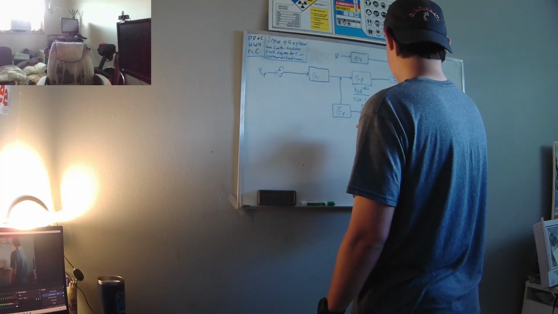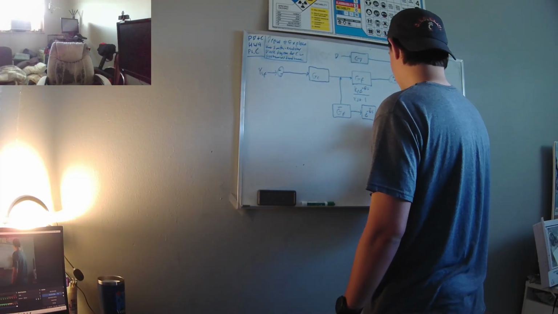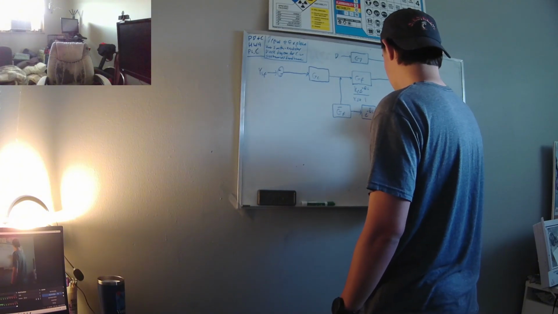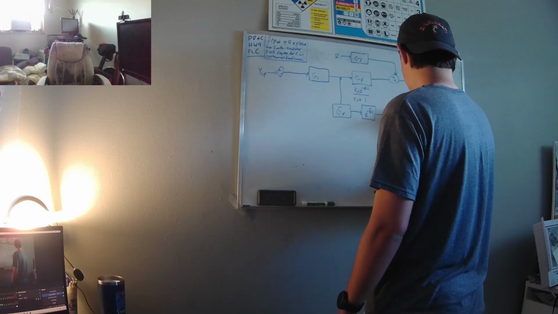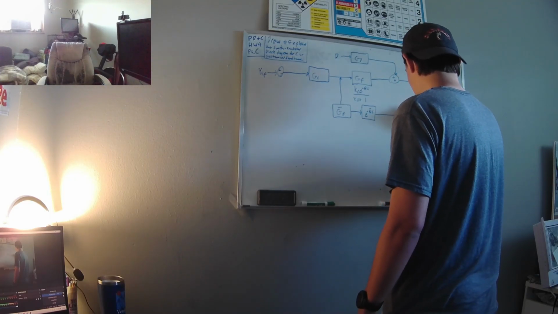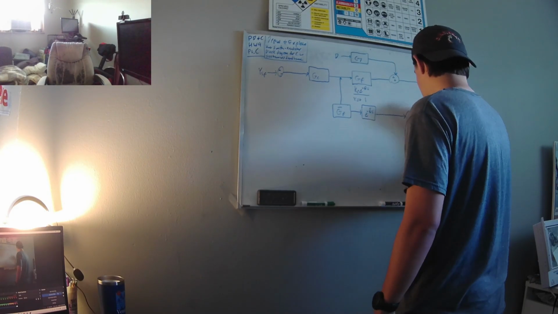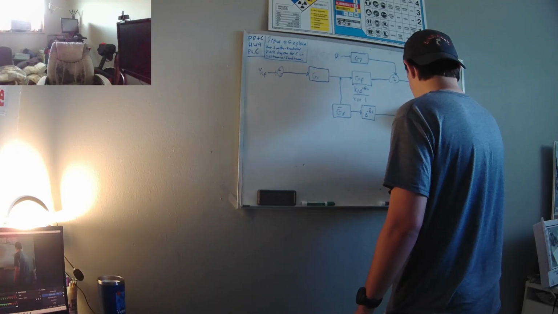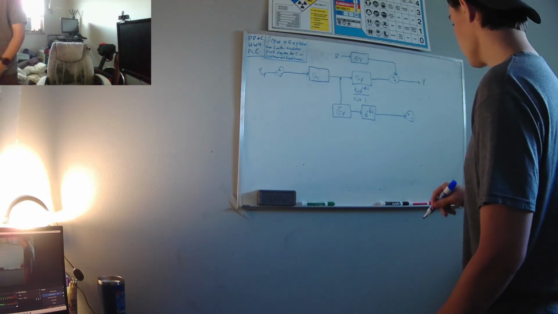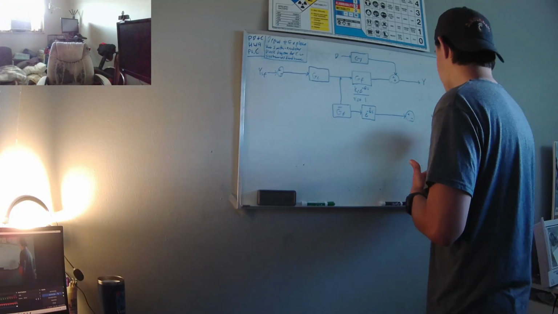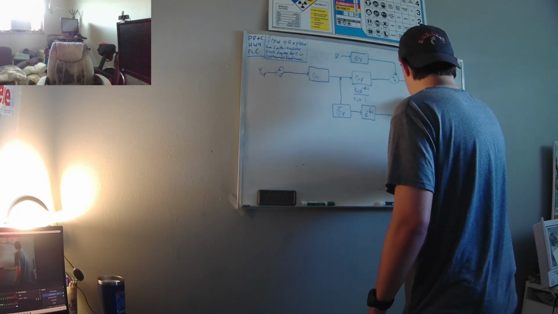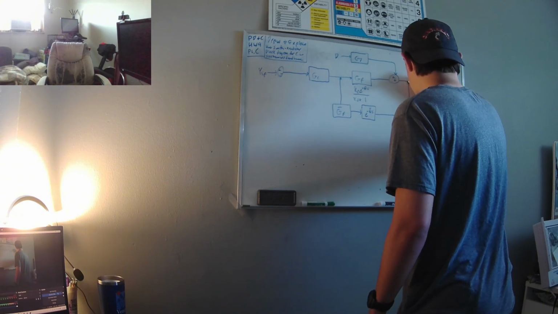What's also going to influence this is our model here. So we're going to have our model coming out to a comparator, something that's going to compare how our model compares to the actual process that we've predicted here.